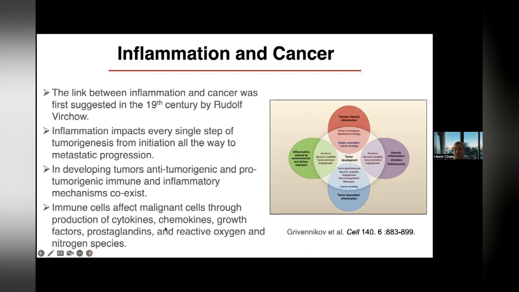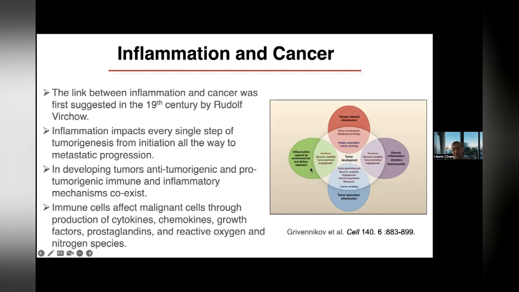So there are a few interesting questions. Cancer is a kind of unhealed wound. So the big question is how the immune inflammation is triggered in the first place. There are many reasons to trigger inflammation.